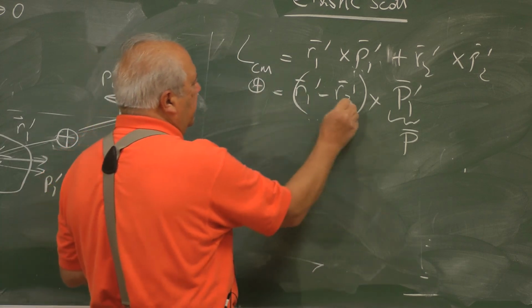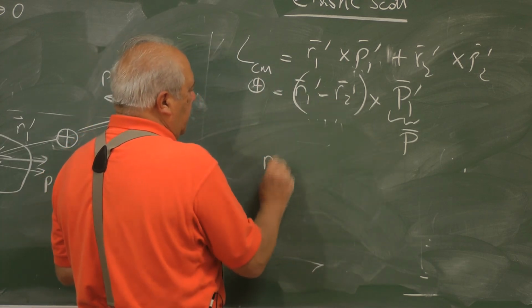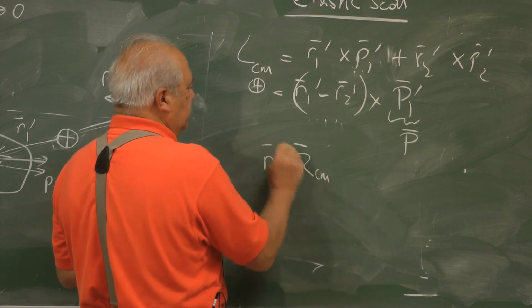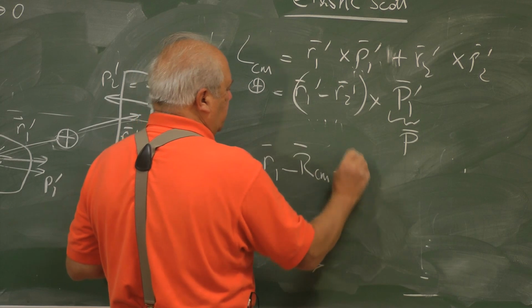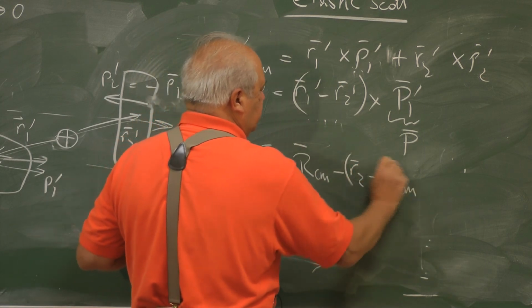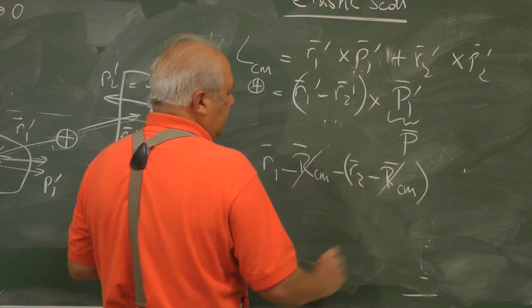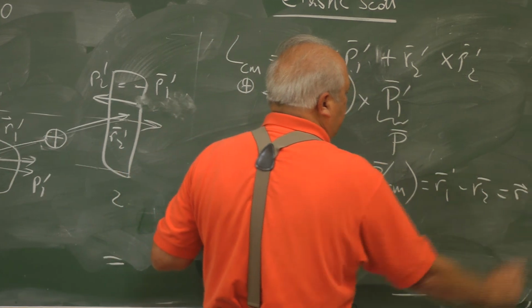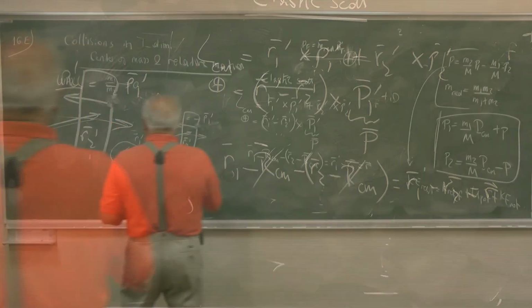And R1 prime minus R2 prime is R1 minus R central mass minus R2 minus R central mass. So these things cancel again. R1 minus R2, which we shall denote as R. So this is R.